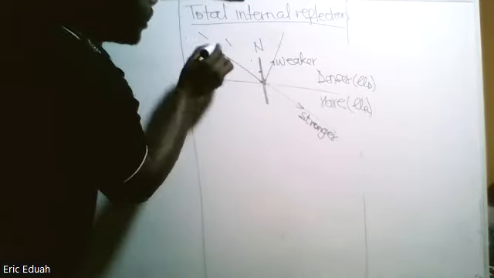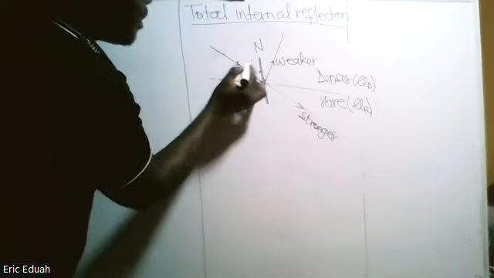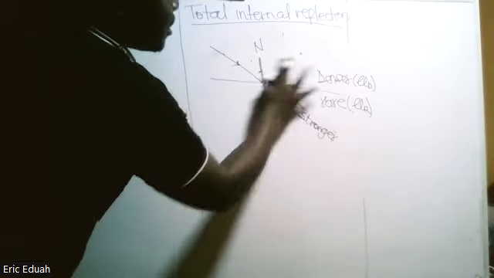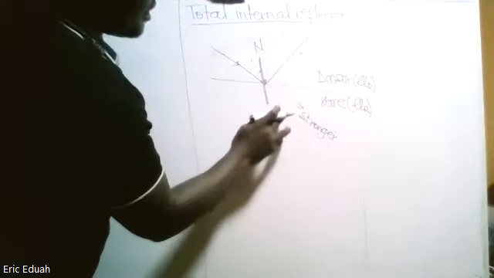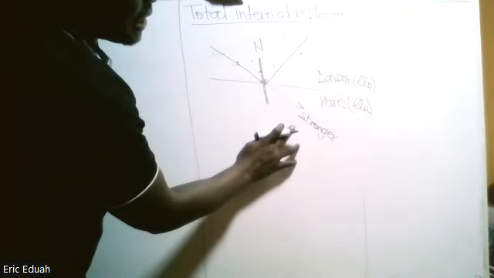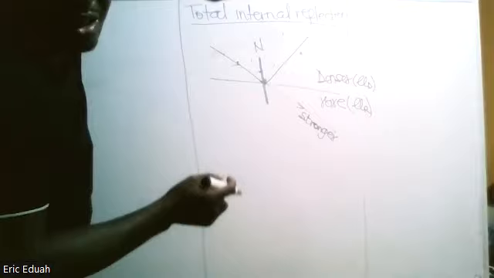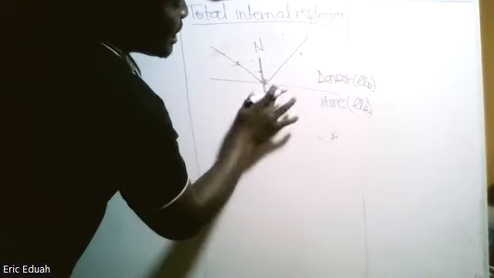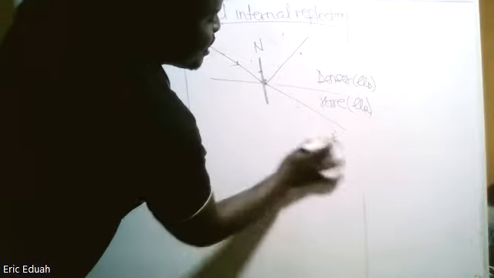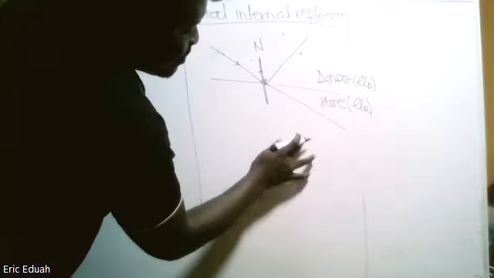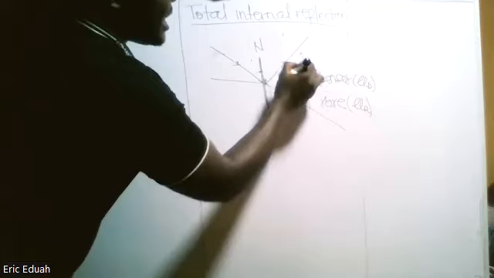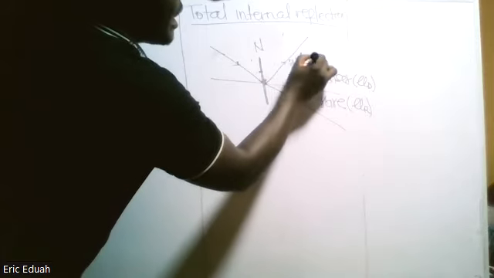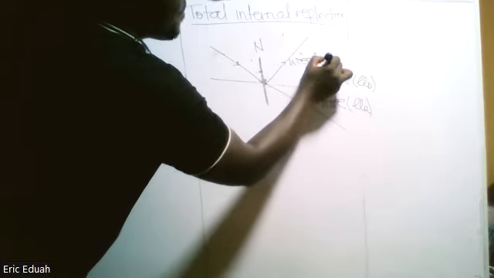If you increase it, you still have a refracted ray and a reflected ray, but the refracted ray will still be brighter or stronger, whilst the reflected ray is still weaker in brightness.